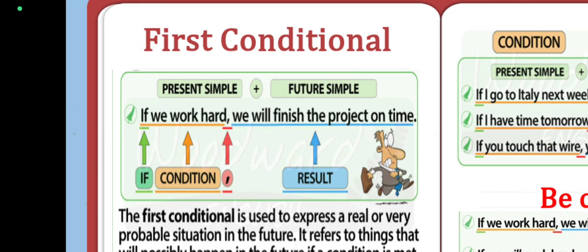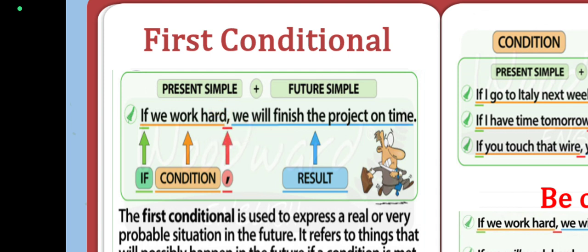Here we have an explanation about first conditional. And with this conditional, we have 2 easy verbal tenses. We have present simple and future simple. For conditionals, we have if plus present simple. Here we have a comma and we have a result.